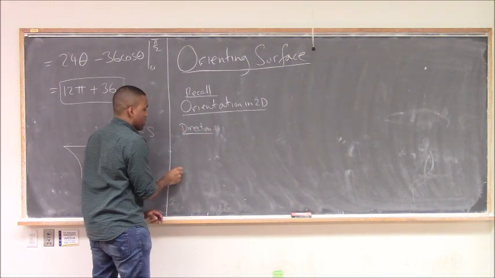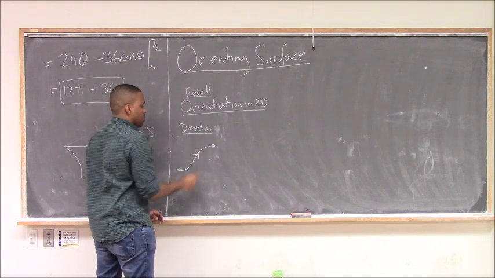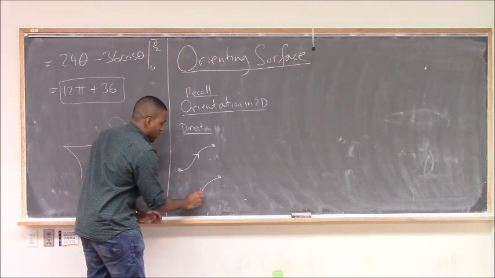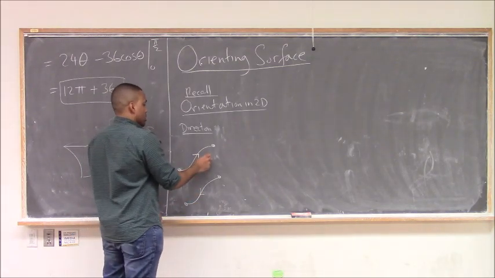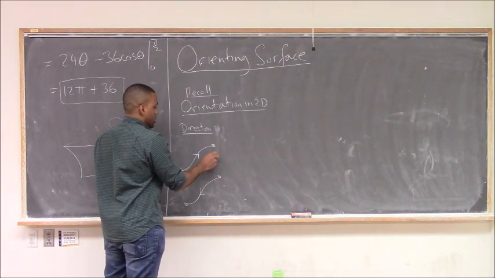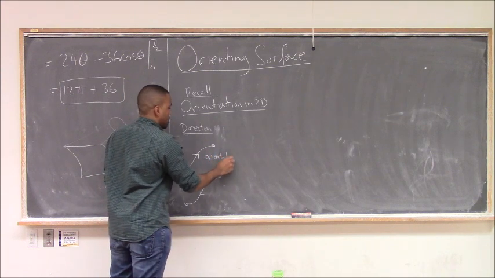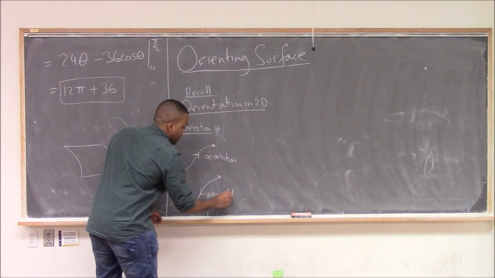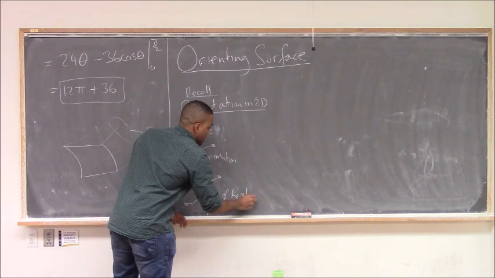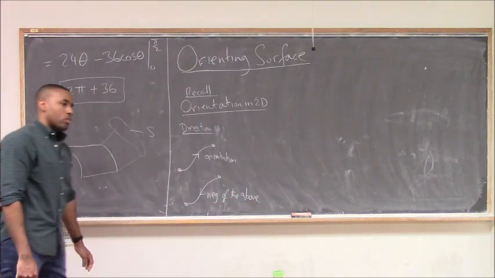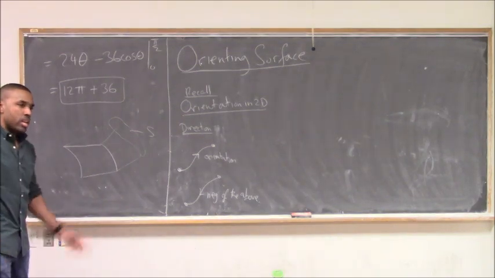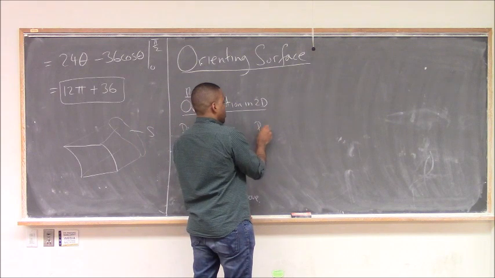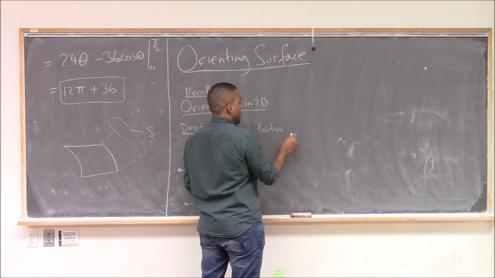You can have a curve going this way, that's one orientation, whereas the same curve going that way, we call the negative orientation. This is an orientation, and this is the negative of the above. But there was a situation where we described something being negatively oriented or positively oriented in general. What was that, and what did that apply to?